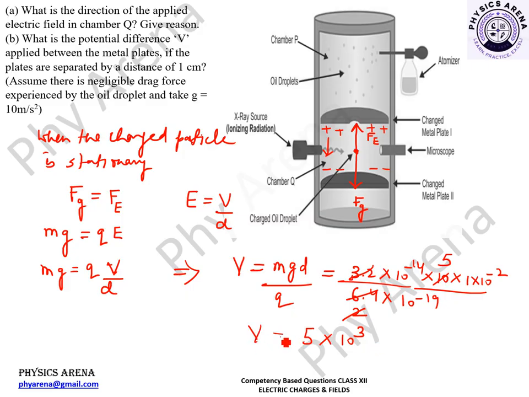So V is equal to 5 into 10 to the power 3 volt, or I can write it as 5000 volts. This is the potential difference between the plates that needs to be applied so that the charged particle remains stationary when it moves in between the plates. In that case, the force due to the electrostatic field will become equal to the force due to gravity. So this is the answer for part B.